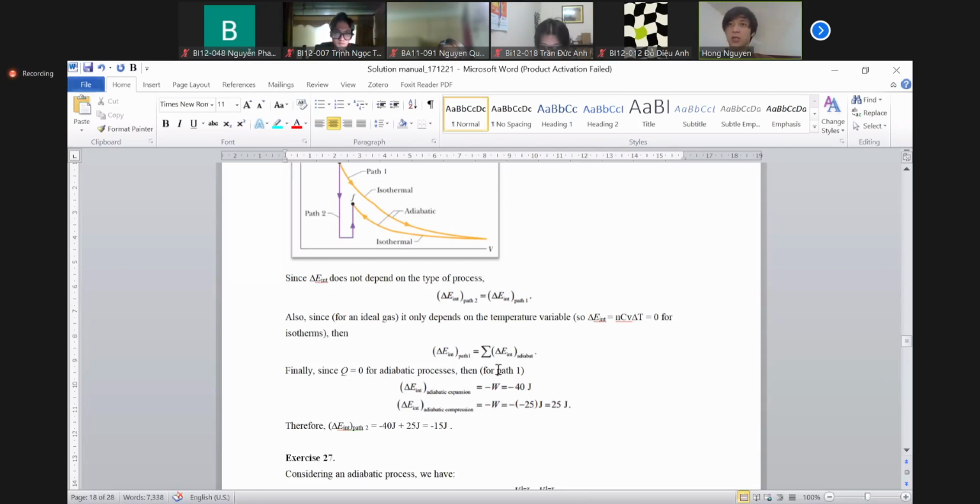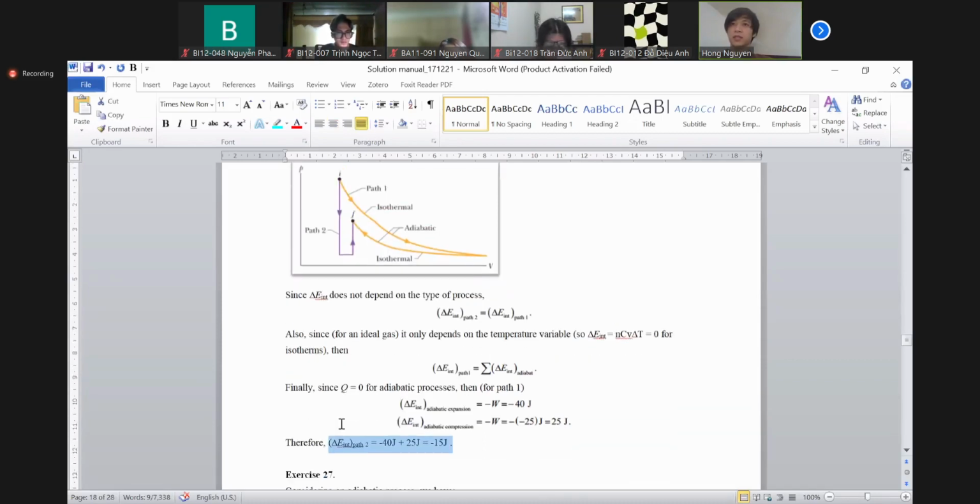Okay, then we should have the change in internal energy of the adiabatic expansion. So this is an expansion, and this is an adiabatic compression. Finally, we should be able to have the final result. So this is the answer for question 26.